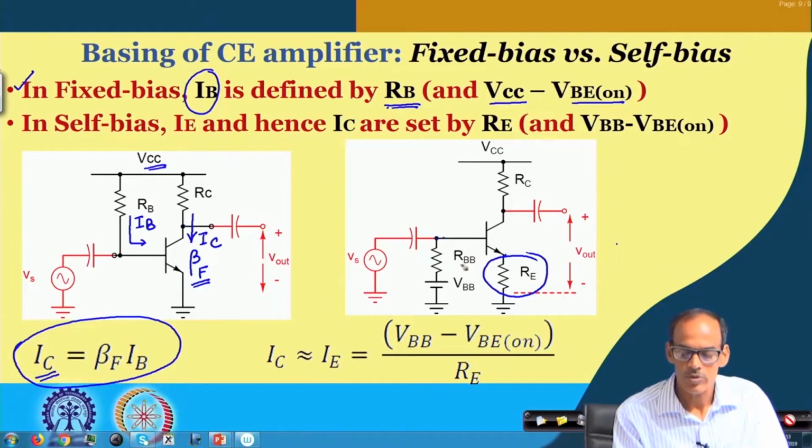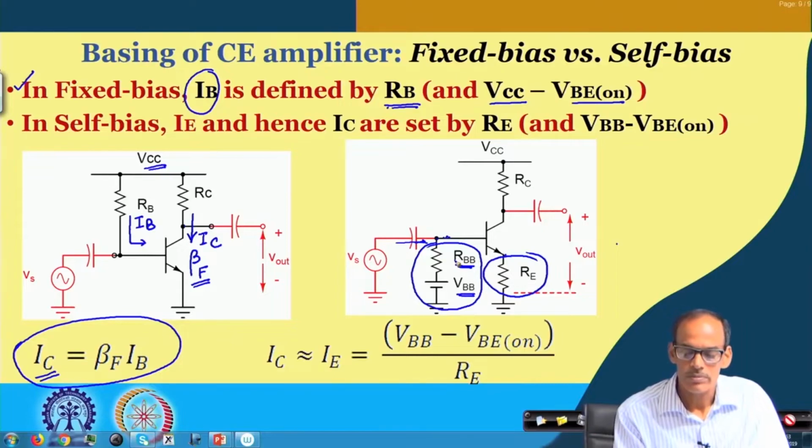Of course, ideally this should not be a pure DC voltage, because we would like to feed the signal here. But the DC voltage here we want to be predominantly defined. In other words, we want the Thevenin equivalent resistance of this bias circuit to be as small as possible in terms of bias stability.